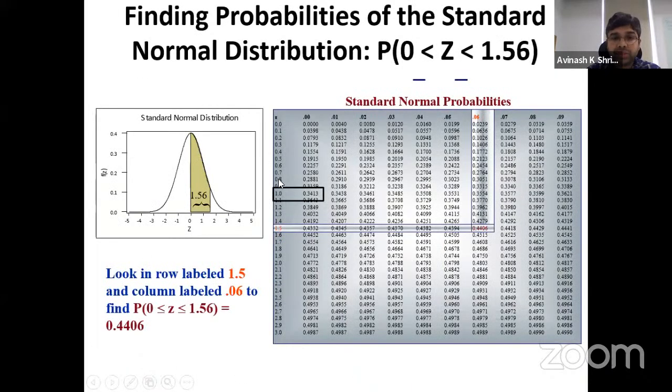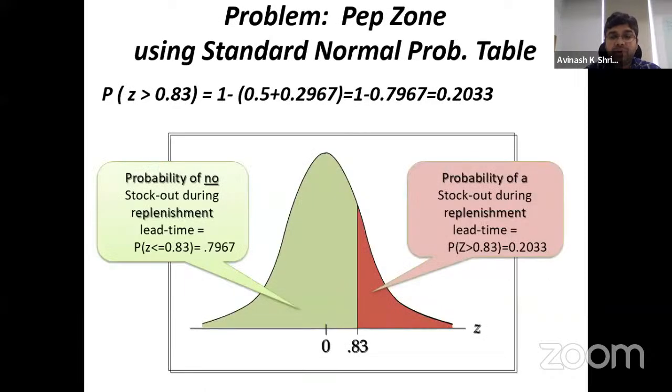The normal table says that at z equal to 0.83, look at this, the value is 0.2967. And we were looking for this area, which falls on the right hand side. The area on the right hand side is 0.5. So 0.5 minus the area from 0 to 0.83, so 0.5 minus 0.2967. With that, you can have a value, right?